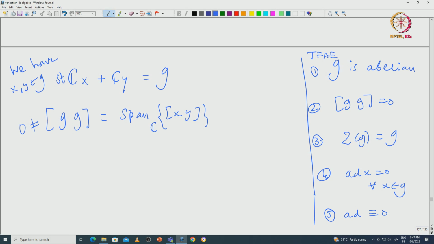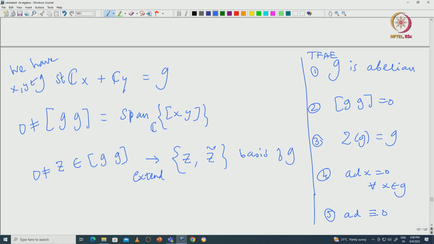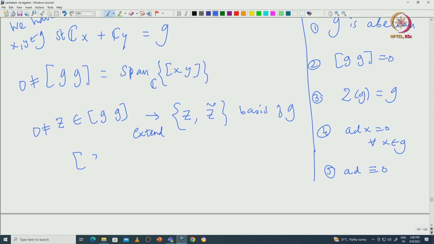Now, what you can do, you can take some non-zero element. You can take this [x, y] itself, but all I need is some z in [G, G], which is a non-zero element. Then I can extend this z to a basis of G. So, what happens if I take the product [z, z tilde]?